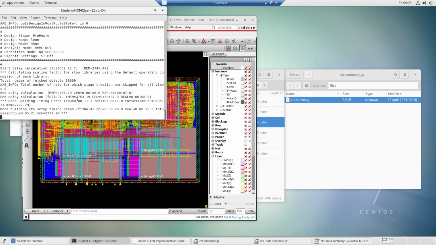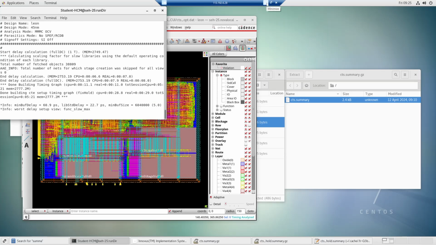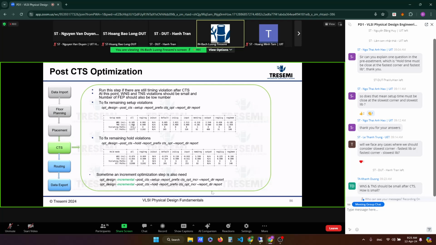So here it's 105 picoseconds, and this is, I think, 45 nanometer technology. So for this technology, this is small. But for 3 nanometer, this is huge. So it's relative to the technology.